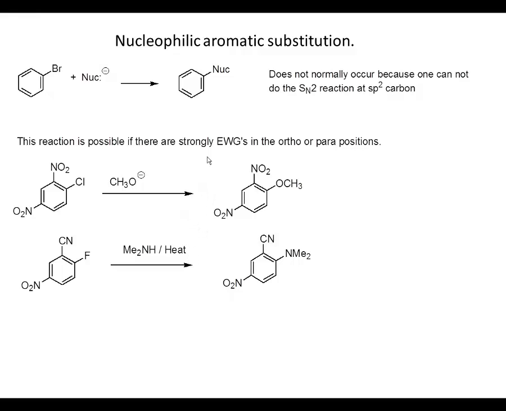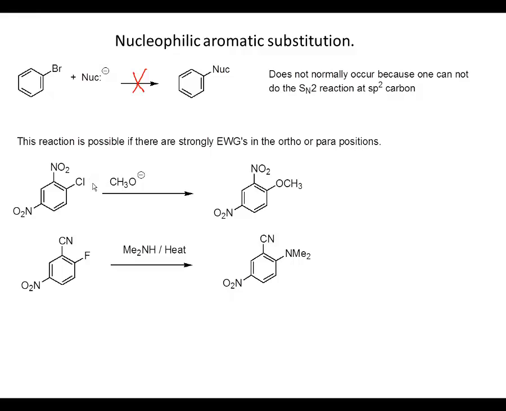Recall in the discussion about the SN2 reaction that we can't do SN2 at an sp3 carbon, right? But there is one exception to that rule, and that's when you have halogens on benzene rings and you have really good electron withdrawing groups in the ortho and para positions relative to the halide.